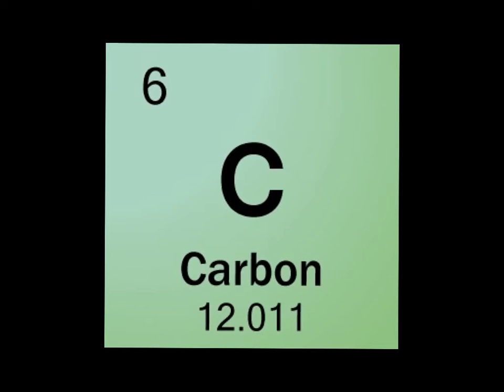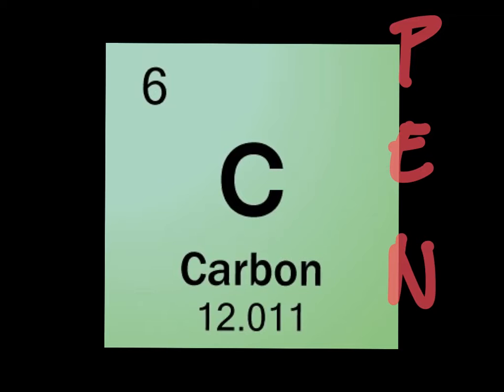Still, the most important part to realize is that we need to pay attention to our PEN. We need to find out how many protons, electrons, and neutrons there are in a carbon element. When I'm looking at this key, I remember that my atomic number up here represents both protons and neutrons.